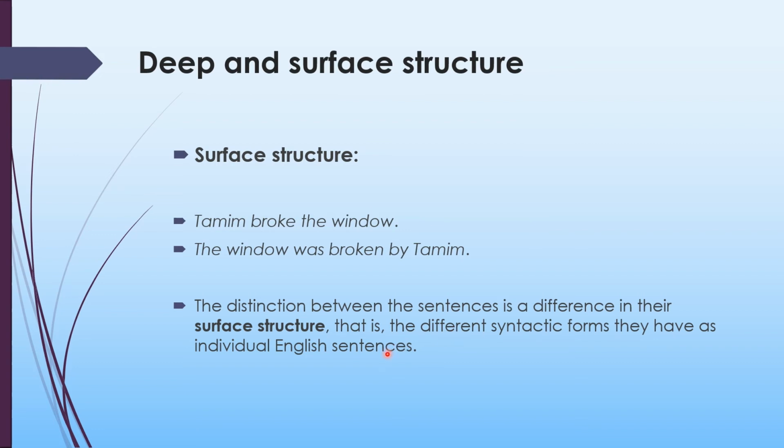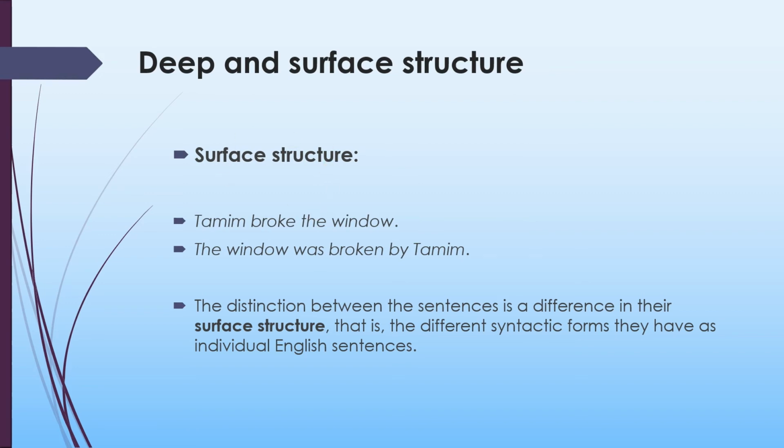If you know the grammar, you know that one is in its active form and another is in its passive form. And if you look at the position of Tamim and window, you will find differences as well. So at this level the sentences are different. That's why we are referring to it as surface structure.